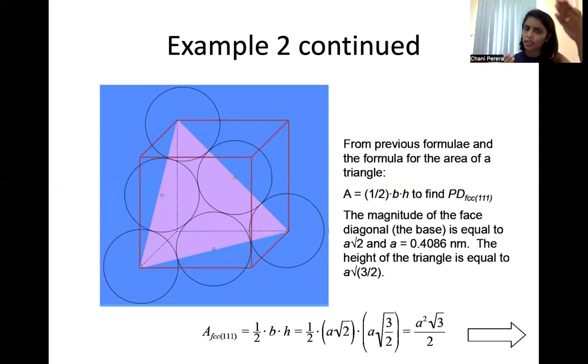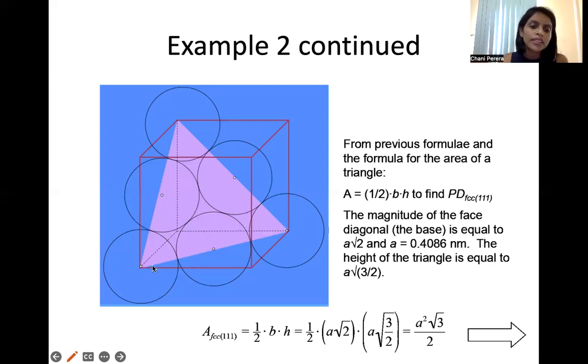You have half of this atom, half of this atom, and half of this atom, so we have 3 halves of an atom, 1.5 atoms.